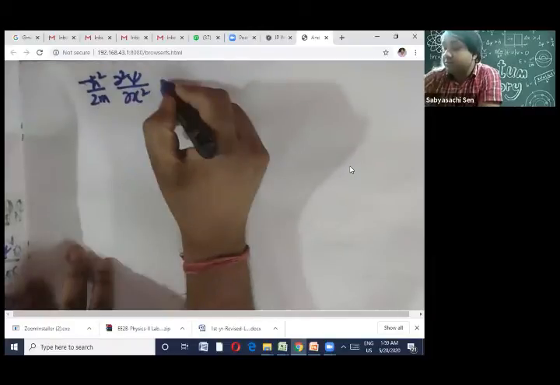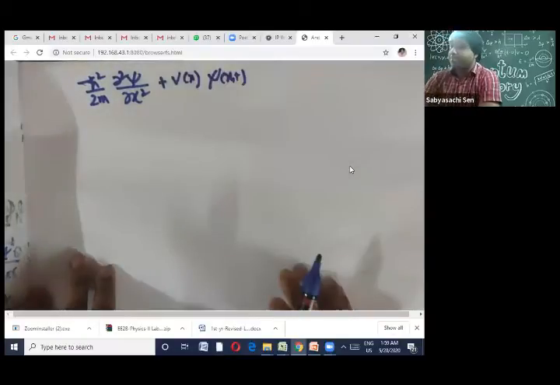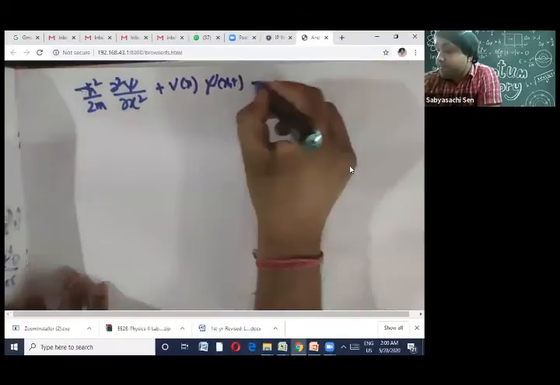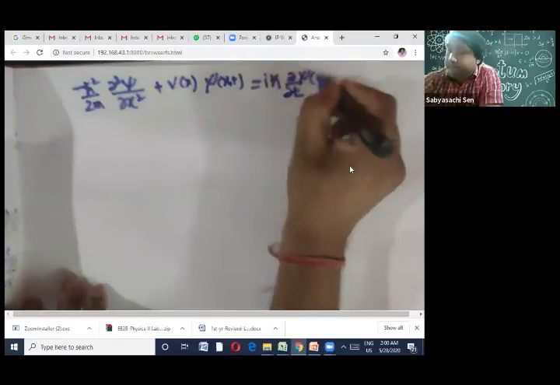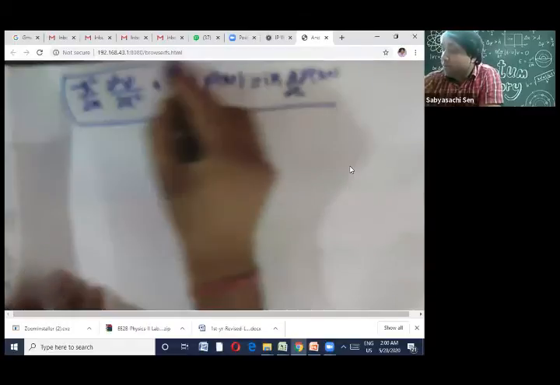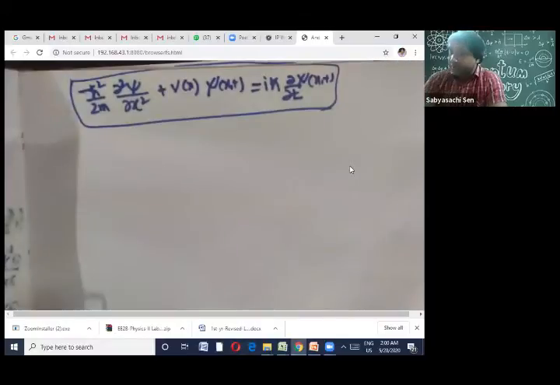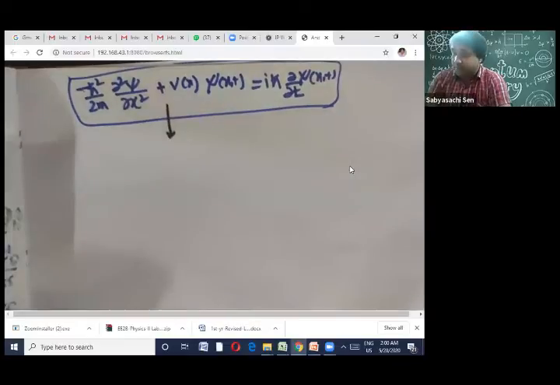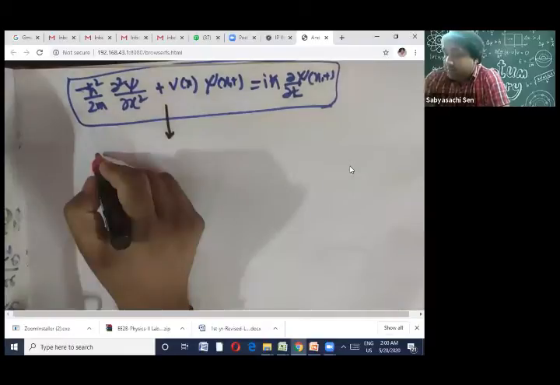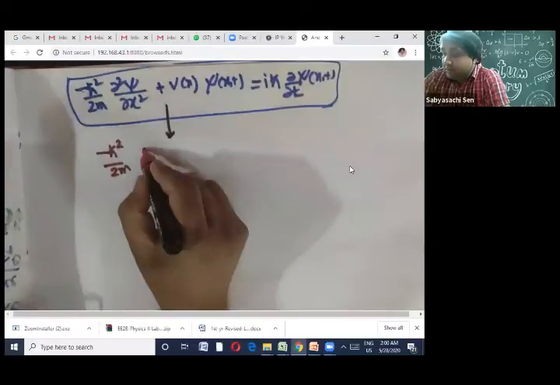Can't help you. For safety, I keep it in a box every time. So what I have done so far, from this equation, you have got this equation. By using separation of variables, this is my form of the equation.